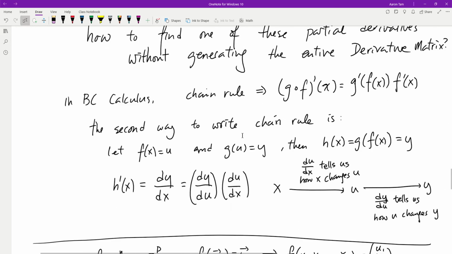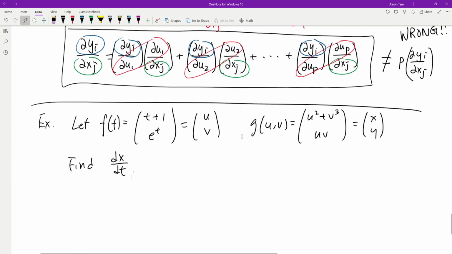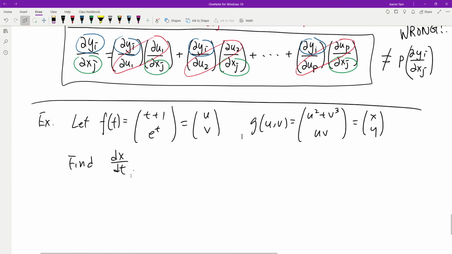Okay, but how do we set up our formula that would allow us to find this? So actually pretty easy. This is how you look at it. So I'm trying to find dx over dt. So the first thing you want to do is look at how many variables t changes. If you look at the function f, notice the output of t is u and v. 2.